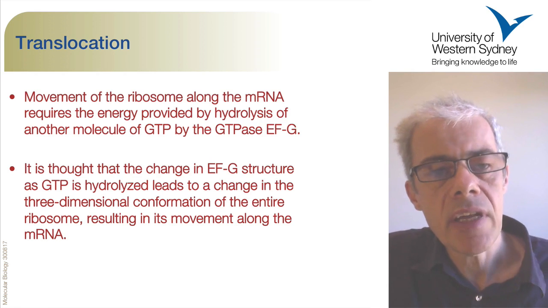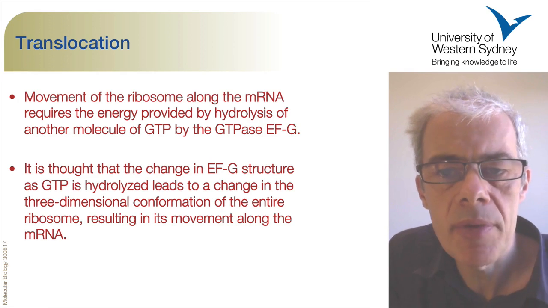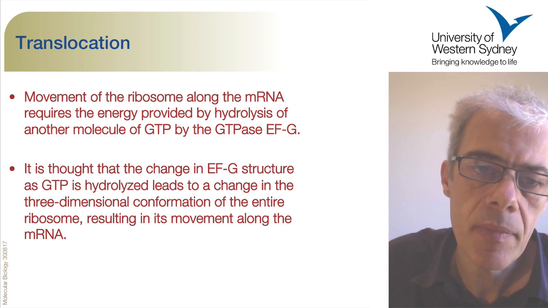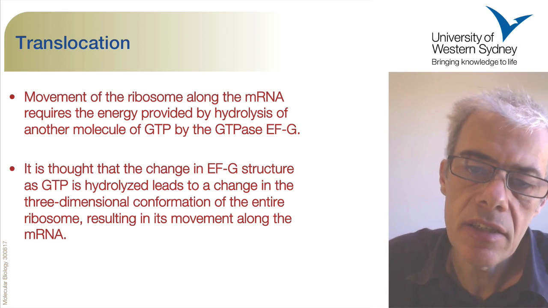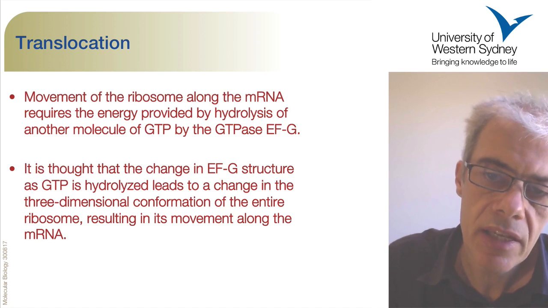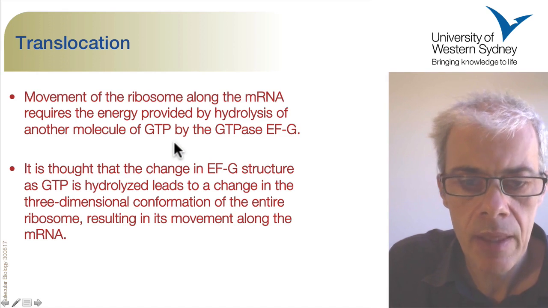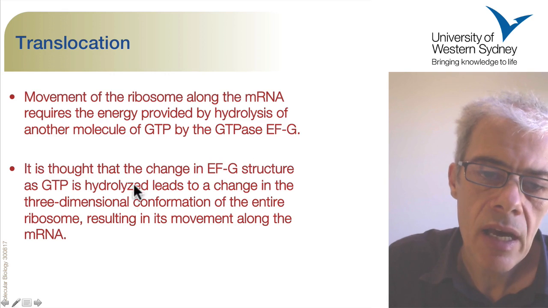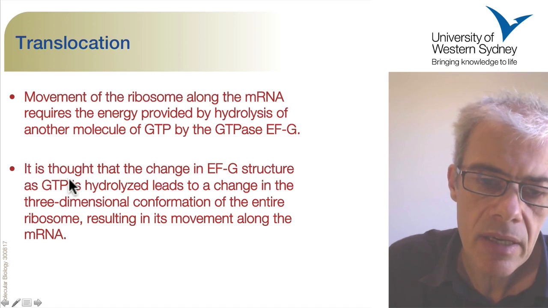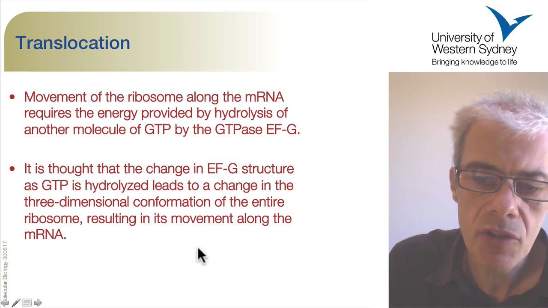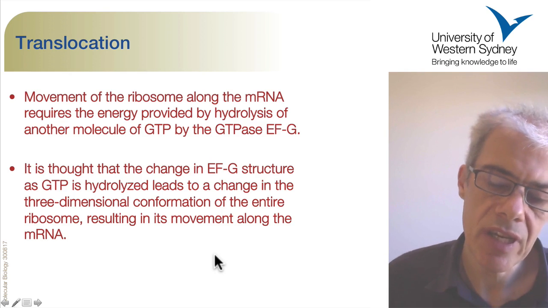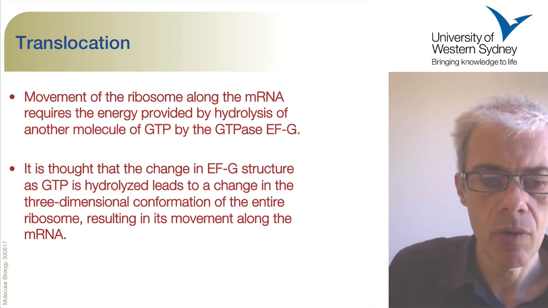So effectively, we have a movement of the ribosome along the messenger RNA. Now, this is an energy-dependent process, and the energy is provided by hydrolysis of another GTP. And it's thought that the hydrolysis of the GTP causes a three-dimensional change in the ribosome, which allows it then to move along the messenger RNA.